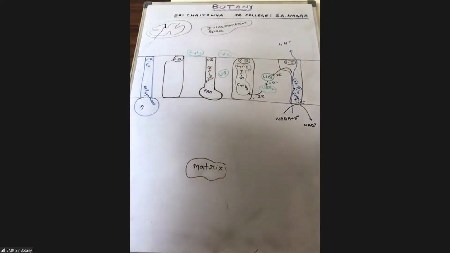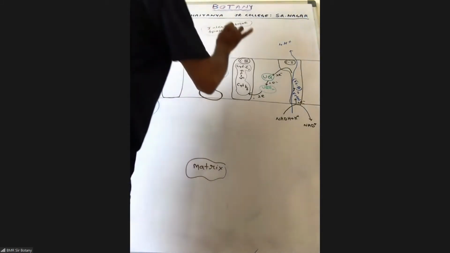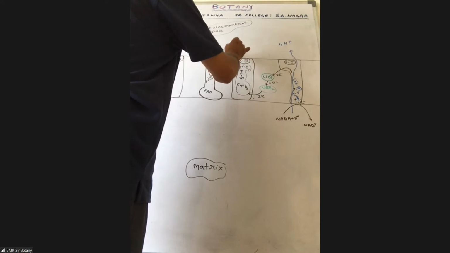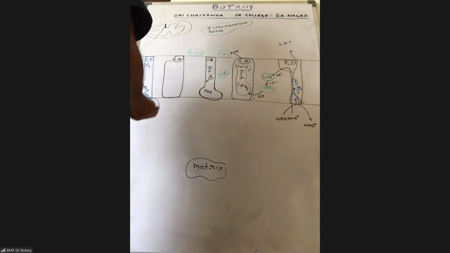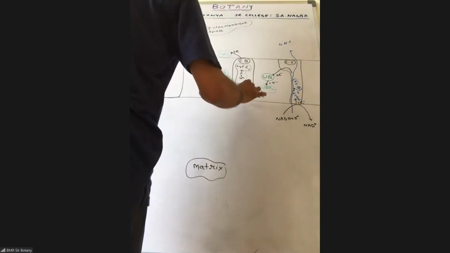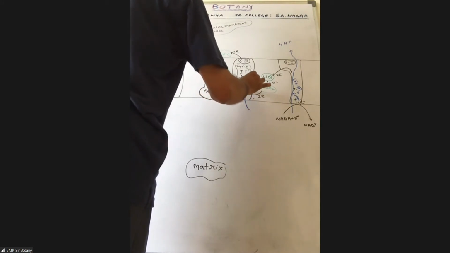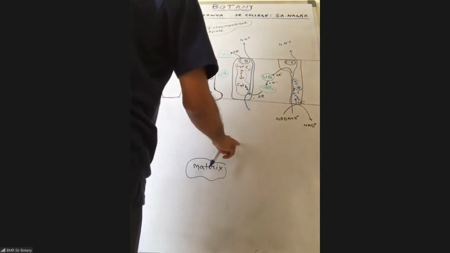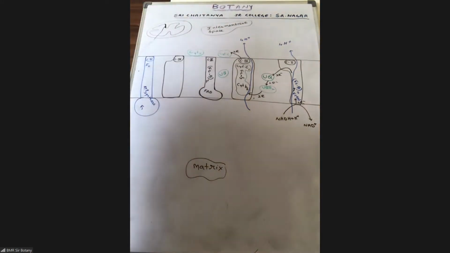Protons are released into the matrix side again. Complex 3, while transferring electrons to cytochrome C, in association with ubiquinone, will pump 4 more protons from matrix to intermembrane space.